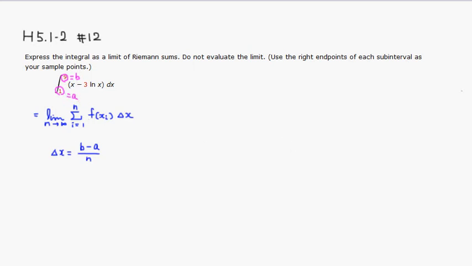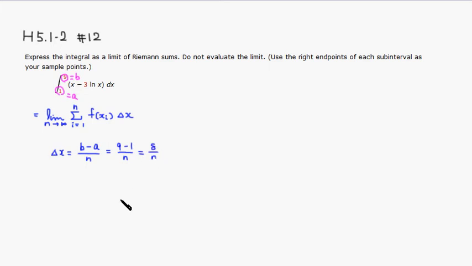So this is going to be 9 minus 1 over n, which is simply 8 over n.